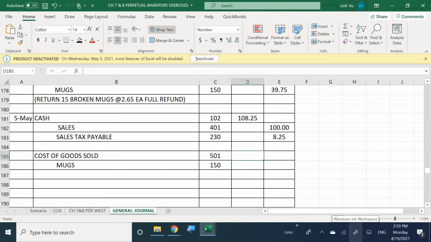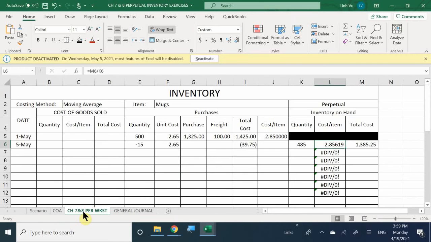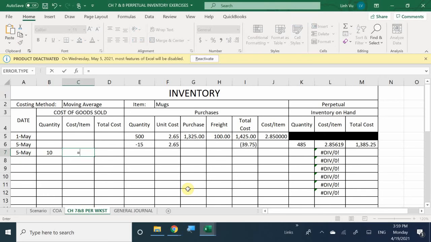All right. So now let's go to our inventory worksheet so we can solve for our cost of goods sold. So here we are. It is now May 5th. We sold 10 mugs. At what cost? 285.619.